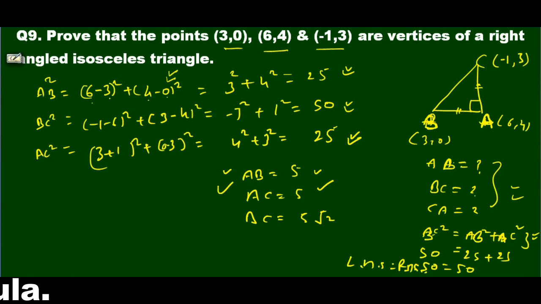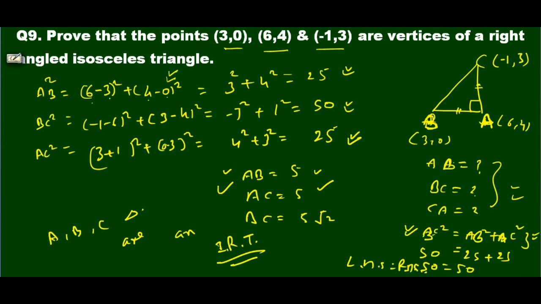And two sides are equal, AB and AC. So two sides are equal and the condition of Pythagoras is also satisfied. It means the vertices of triangle ABC are the vertices of an isosceles right angle triangle. Clear?